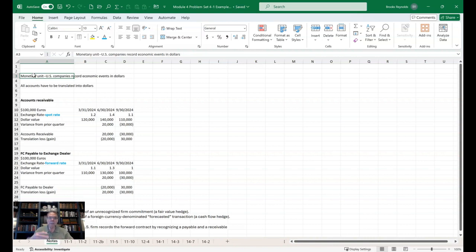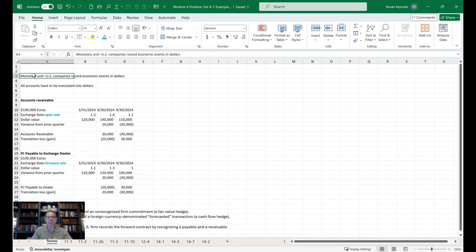If I said, hey, that's $1 billion, you get a feel for what $1 billion really is. If it's a billion euros, you don't use euros, so you can do the translation in your head, but still it's not as easy. So if we have transactions between a US company and a foreign entity, we are going to measure those in dollars.